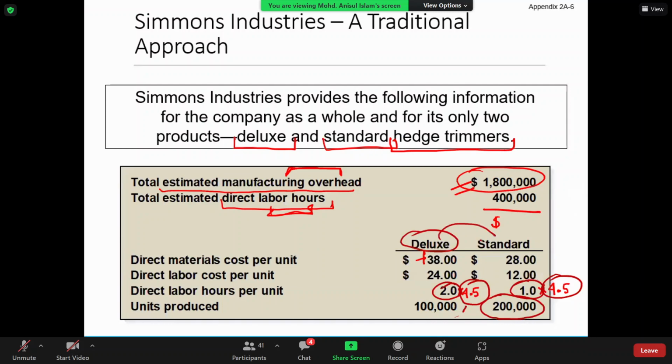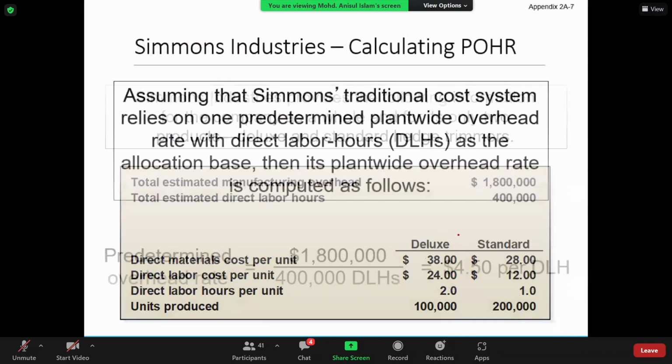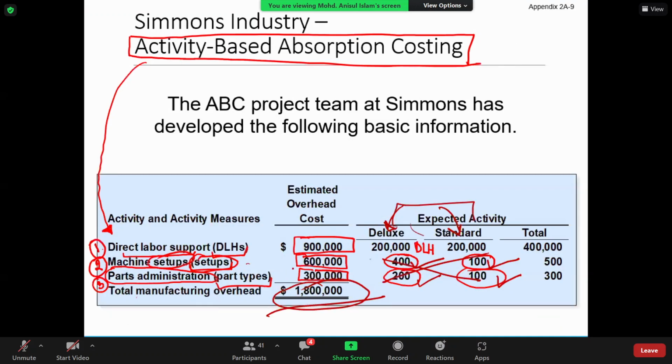These two products are significantly different because of the activities required for these two types of product. We have got that there is a significant difference between these two products.